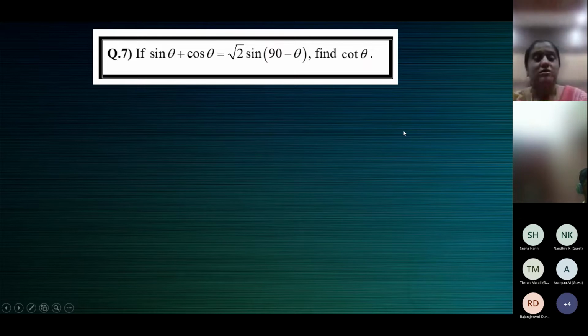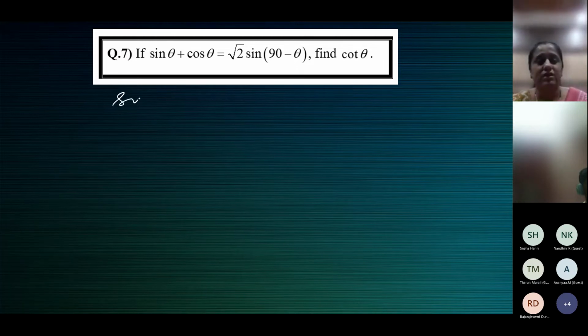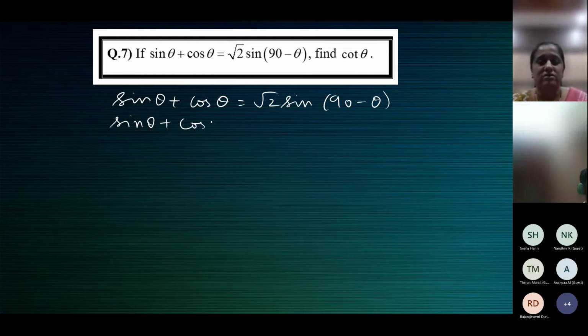Yeah. So here, sine theta plus cos theta is equal to root 2 sine 90 minus theta. So next step, sine theta plus cos theta is equal to root 2 times sine 90 minus theta, which is cos theta.